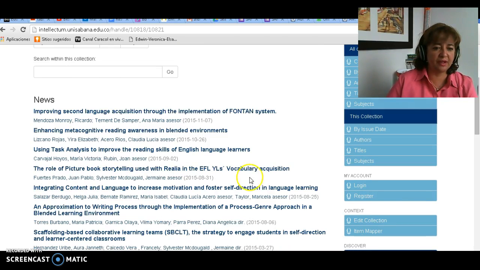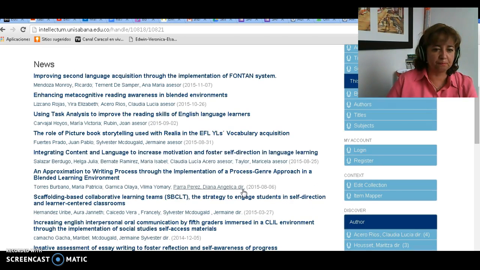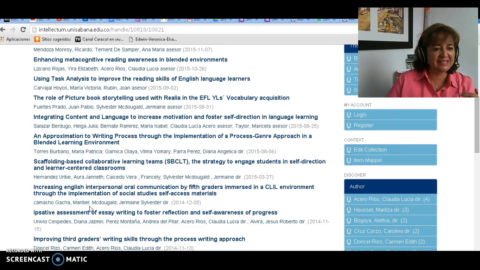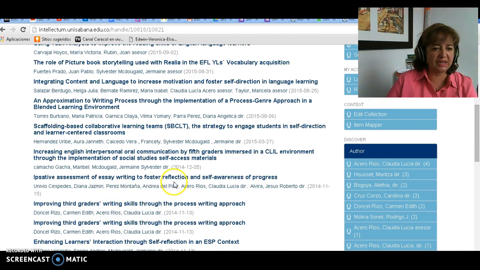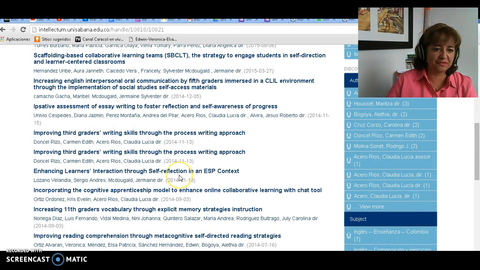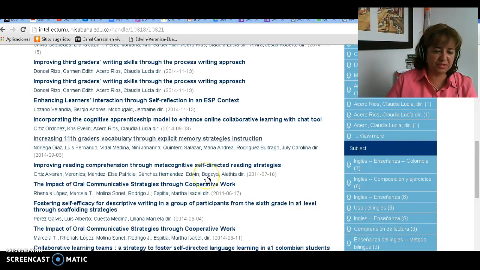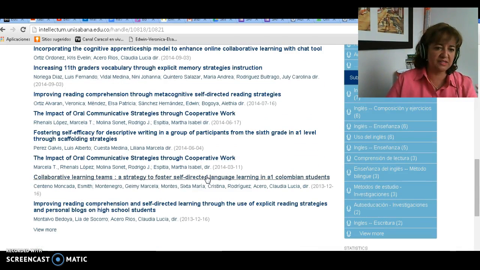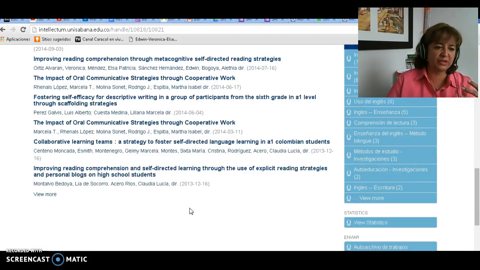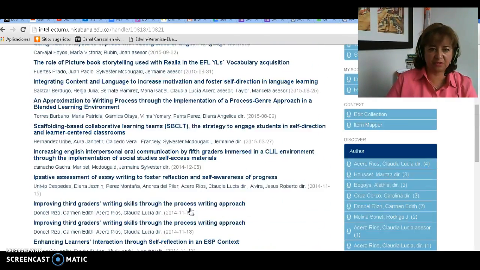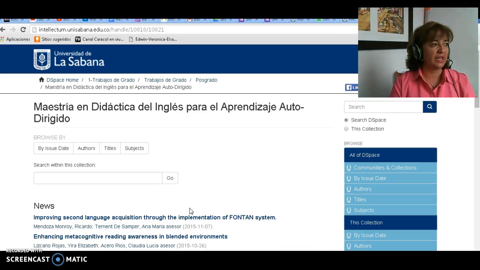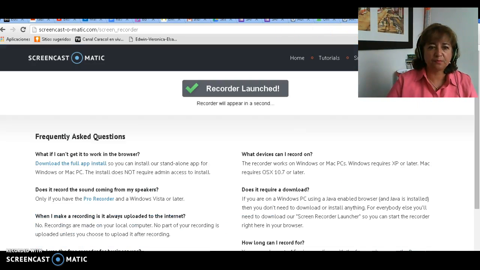Let's talk about self-direction in this moment. Scaffolding, learner-centered. These kinds of words are coming. Reflection and self-awareness, for example, self-reflection, memory strategies, because all of these are related to our topic, that is self-directed language learning, and it will provide a difference in your research.